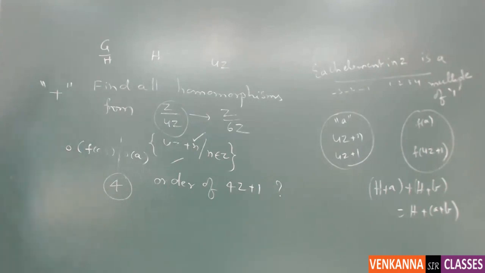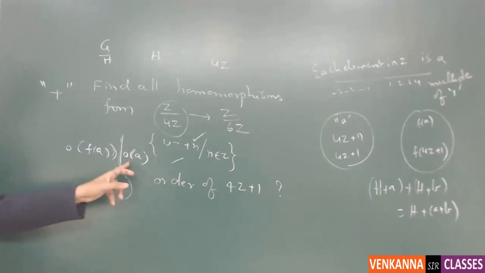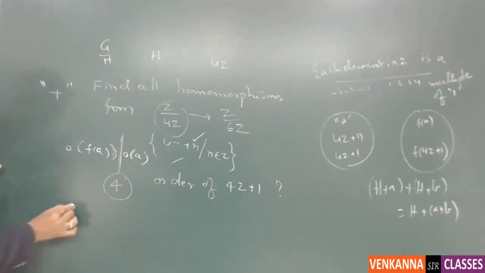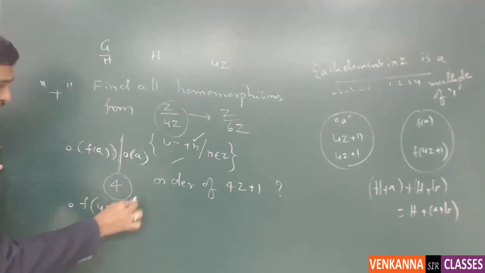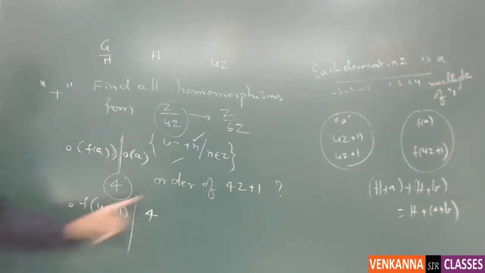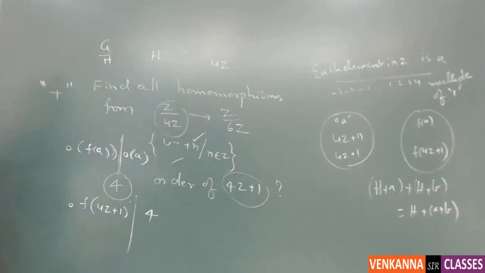Right. Now, as I have mentioned, the order of f of a divides the order of a. So, the order of f of 4Z + 1 must divide 4, the order of this element.